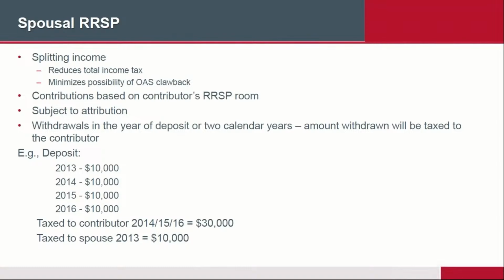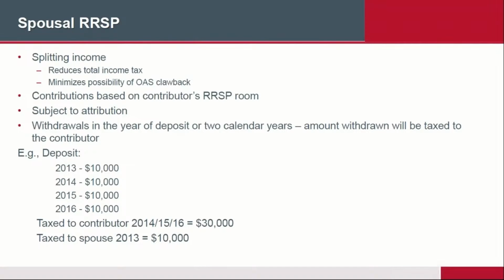The second thing you want to make sure of in splitting income is to minimize the possibility of the OAS, old age security, clawback. Remember that once you reach a certain threshold, and I believe this year it is around $74,000, for every dollar that you earn over $74,000, the government of Canada will withdraw, or charge you, 15% for every dollar above the $74,000.